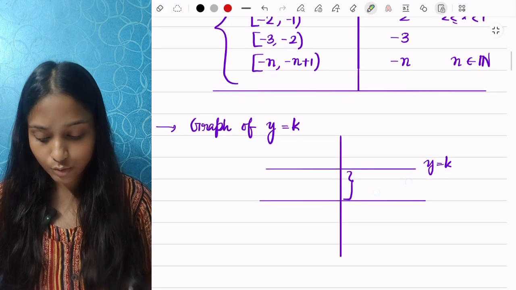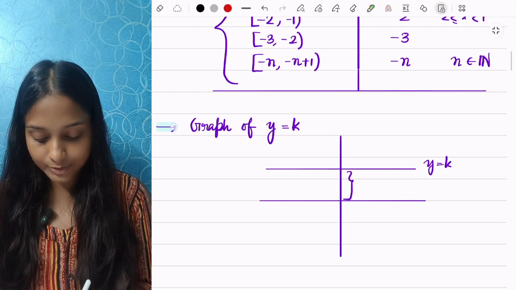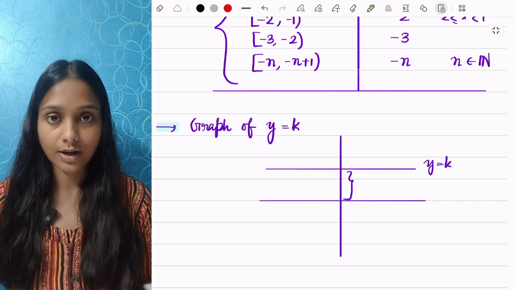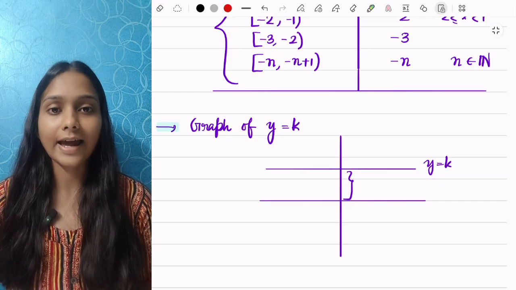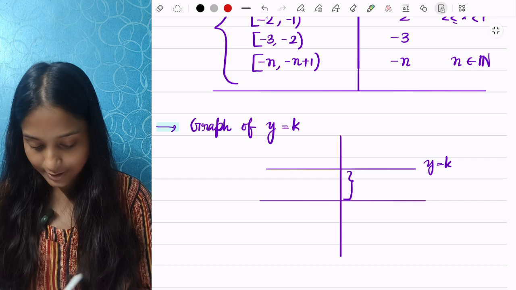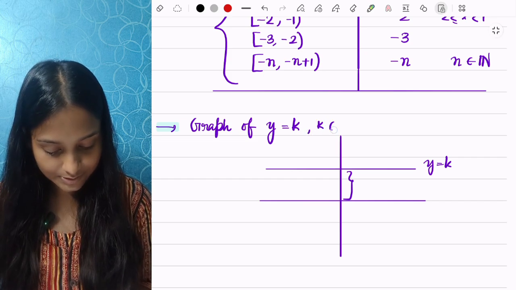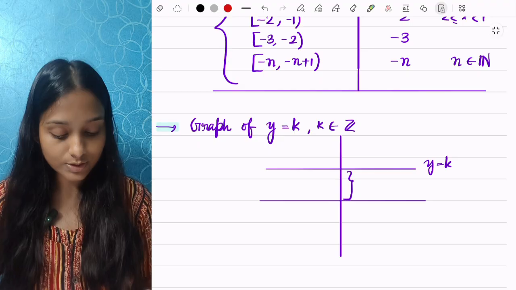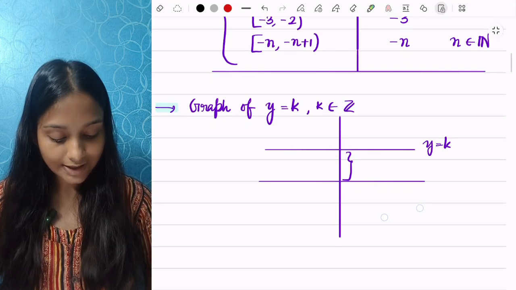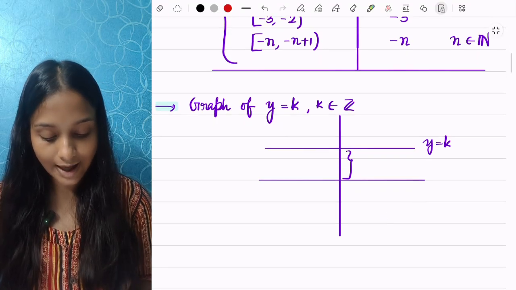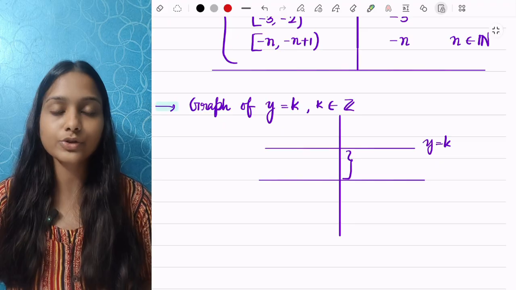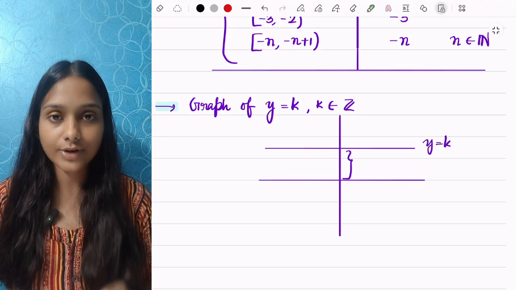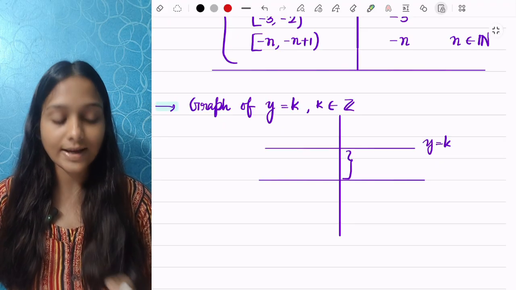So we need to understand the graph of the function y equals k, where k is any integer. So k must be any integer, so k must belong to Z. So for any such k, the graph of y equals k will be a straight line which is parallel to the x-axis.